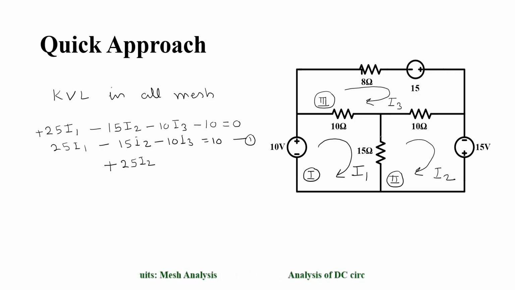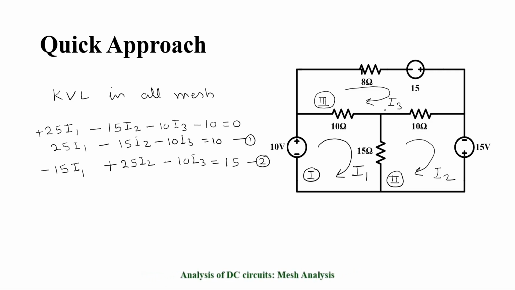Look at this 15 ohm, the current I1 is flowing. So I'll write the coefficient of I1 as negative. So minus 15 into I1. And in this 10 ohm, I3 is flowing. So minus 10 I3 is equal to, since I am reaching at minus first, I am just going to reverse the polarity, so this will be your 15. That's the second equation.